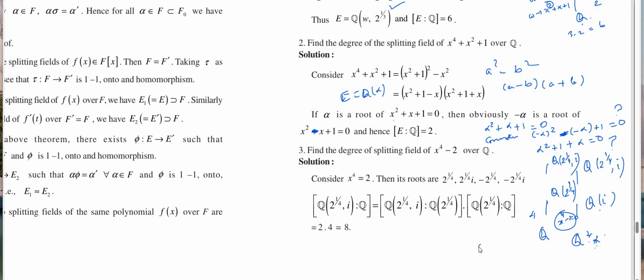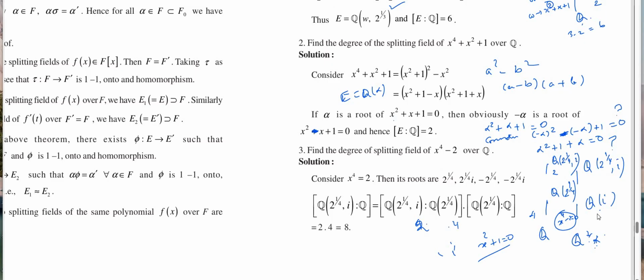And i satisfies x square plus 1 equal to 0, which is the minimal polynomial or irreducible polynomial satisfied by i. So the degree is 2. So this is of degree 2 and this is of degree 4. So you have 4 into 2.